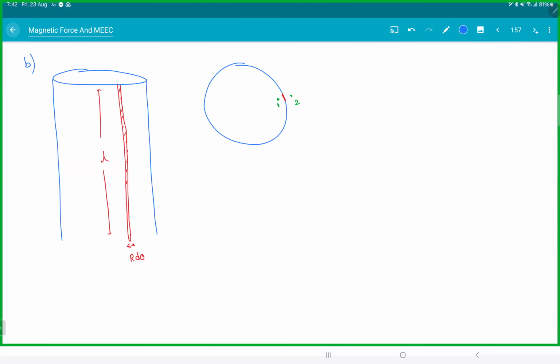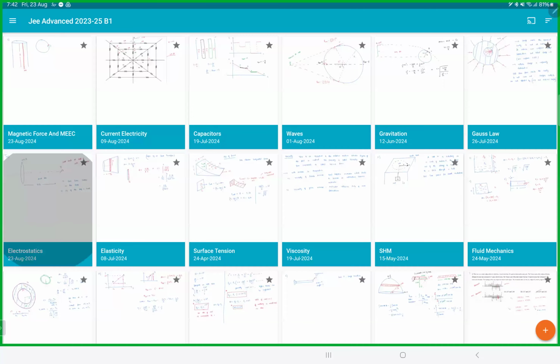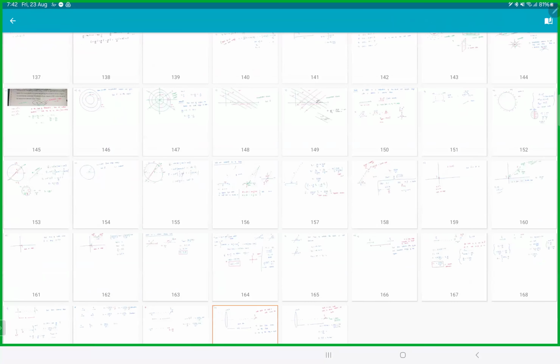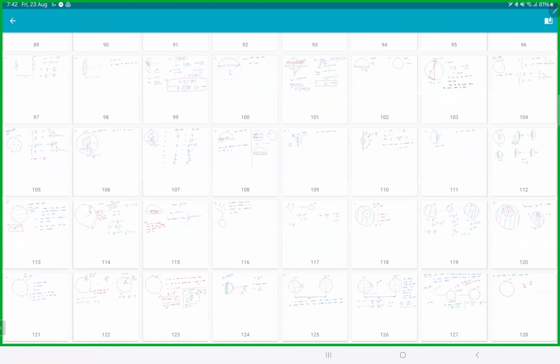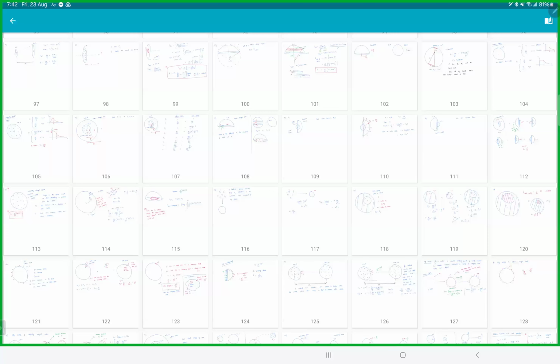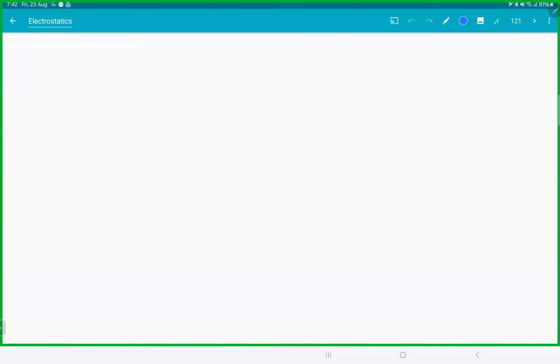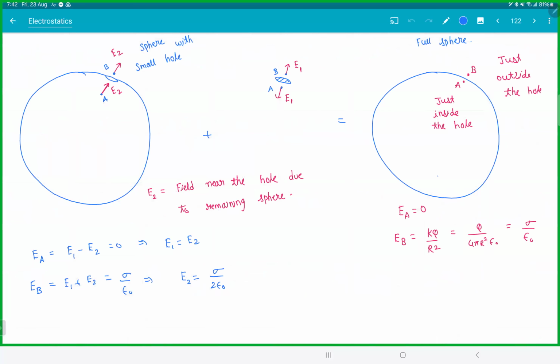In case you're thinking, this was the same logic we used in electrostatics also. Where was that? This one. Remember? We had a hollow shell, we took a small piece, and we took a point inside and a point outside. Then we proved E1 is equal to E2, and that the total sum should be equal to half of the total field.